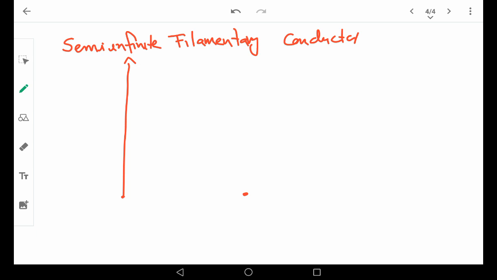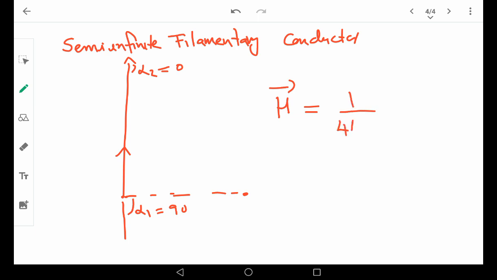In that case, alpha 1 equals 90 degrees, and alpha 2 will be 0 degrees. If you substitute into that equation, you will get H equal to I by 4 pi rho A phi. Understand?